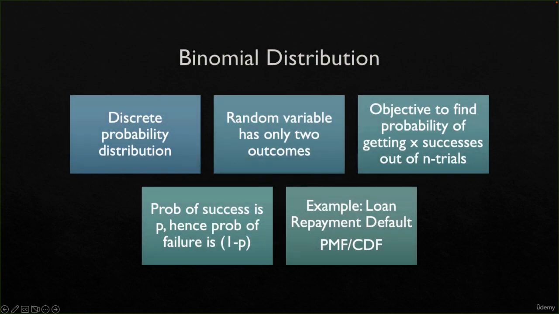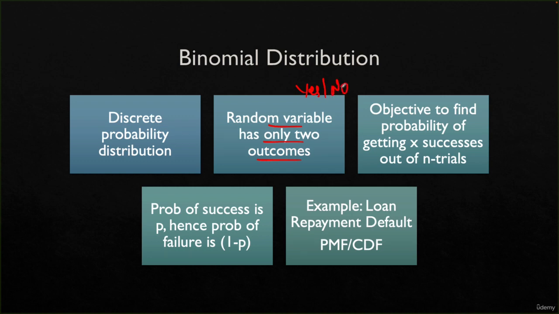The first function that I want to share, for describing discrete random variables, is the binomial distribution function. This is a discrete probability distribution. This is a scenario where my random variable has only two outcomes. It could be a yes or no scenario, or true or false.